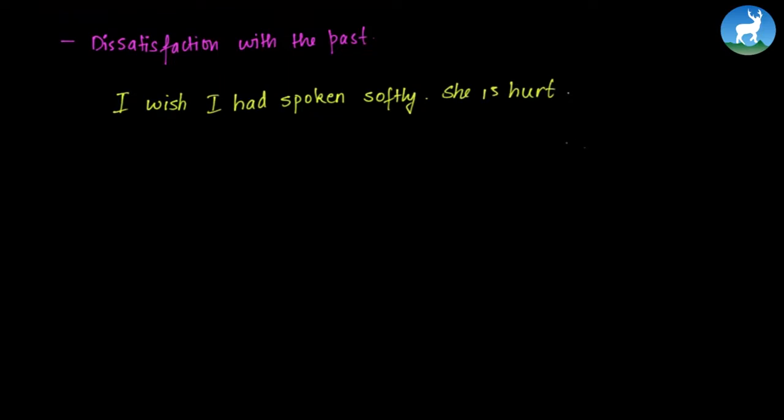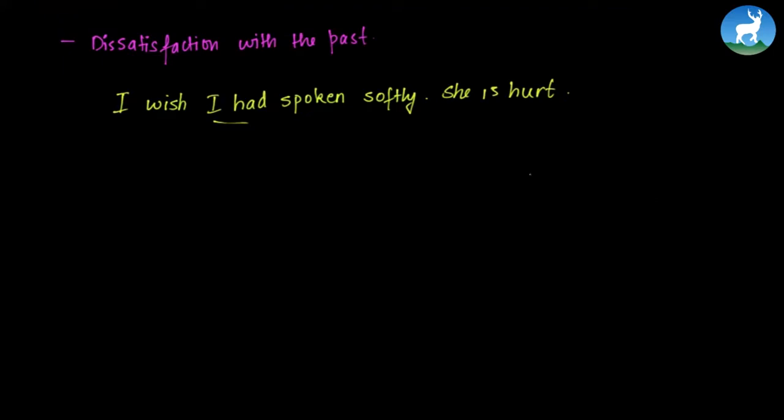She is hurt. So you are dissatisfied with the fact that a person is hurt and you wish you had spoken softly. So we use past perfect tense in these kind of situations.